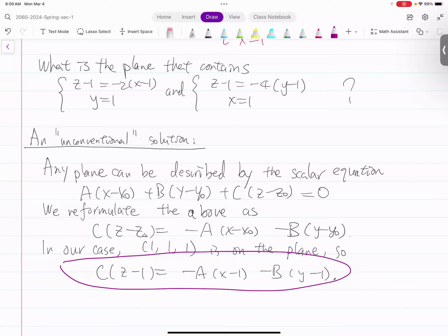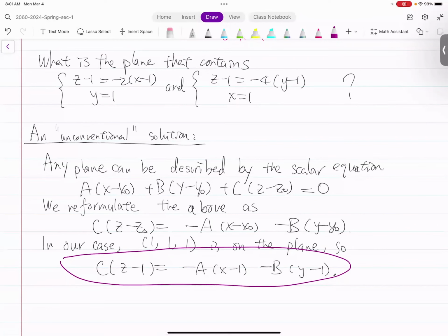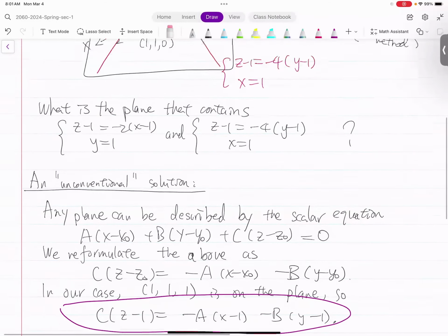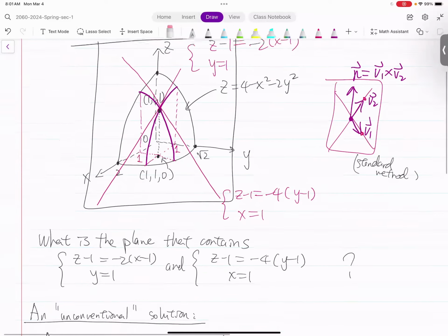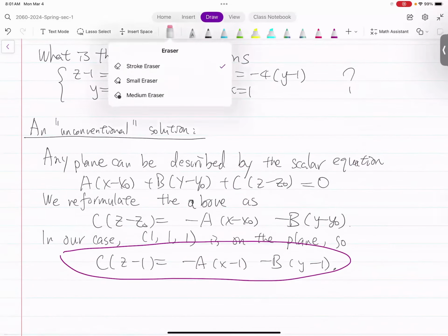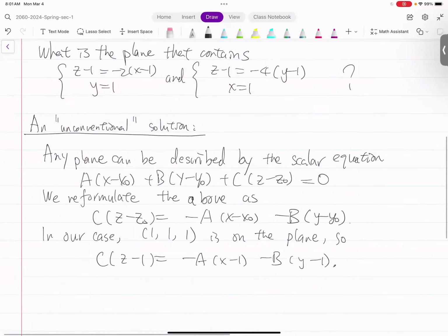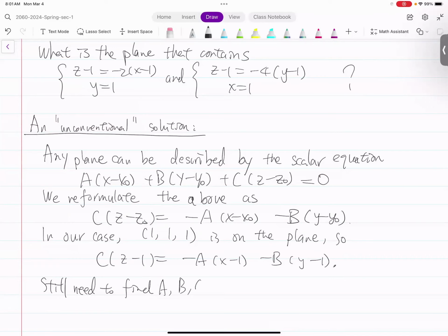If you intersect with the plane x equals 1, that will lead you to one of the tangent lines, like right here. Then we are trying to match with the line equations that we are given. So we still need to find a, b, and c.